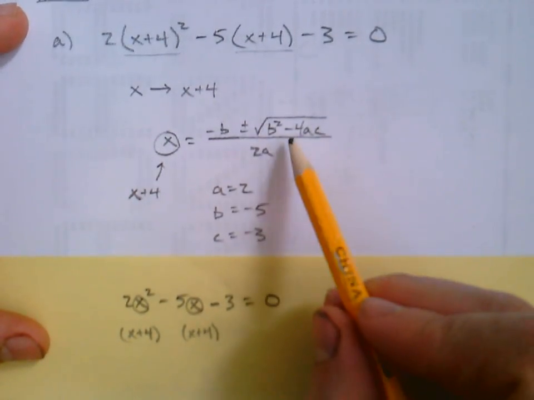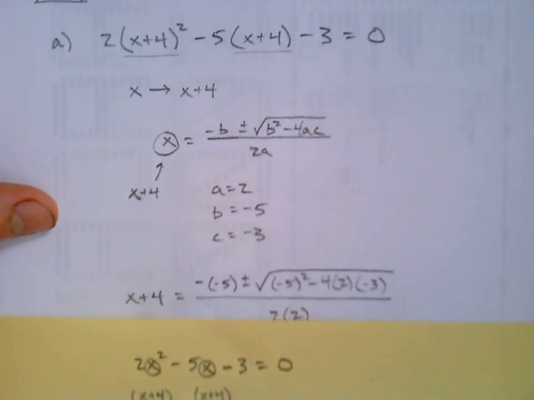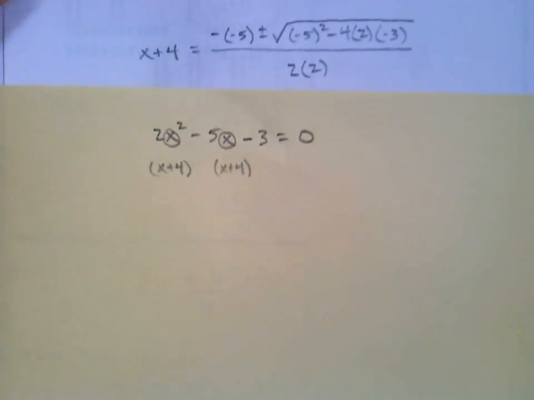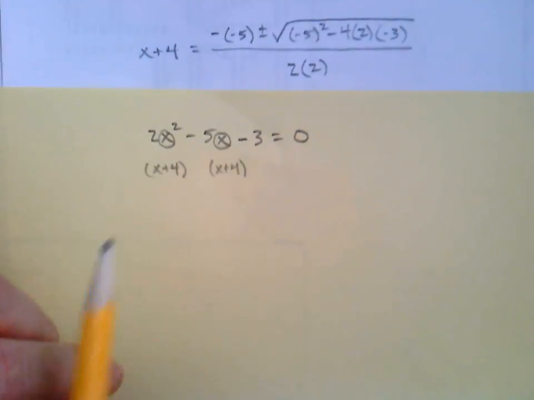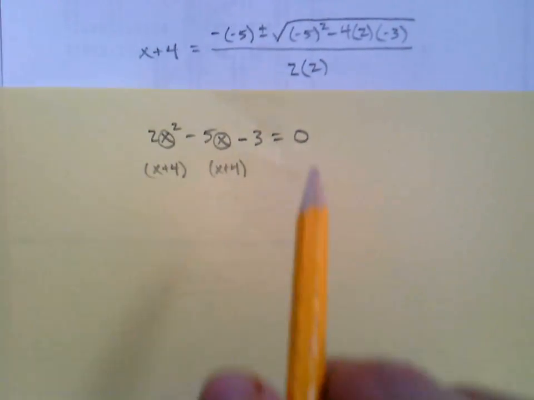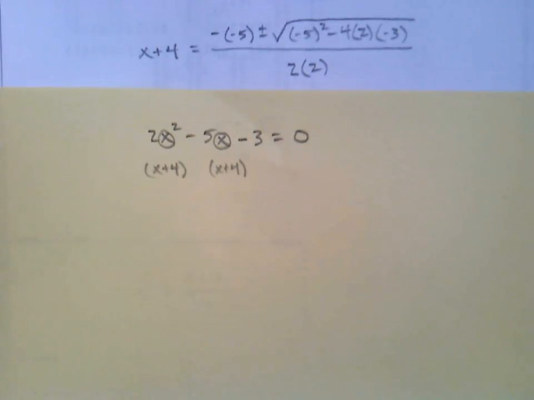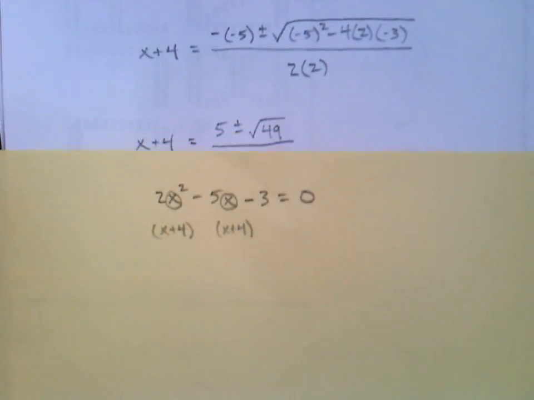Let's plug in our a, b, and our c and make it equal x plus 4 now. So again, instead of x equals, it's x plus 4. Plugging in, and these are all the same values that we had in that example problem we just did together. So it cleans up the same way.